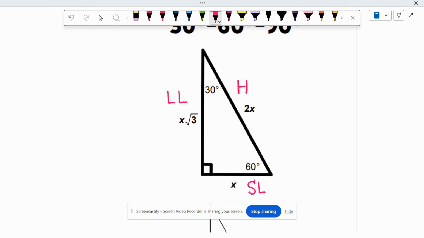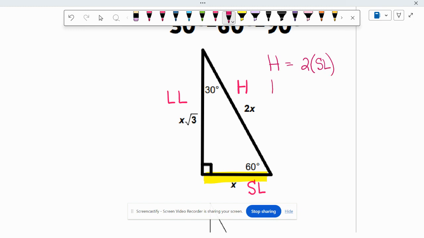We learned that if we're always given the short leg, because that's what we want to have all the time, right? We know that the hypotenuse equals 2 times the short leg.